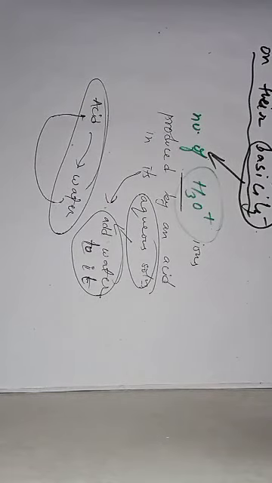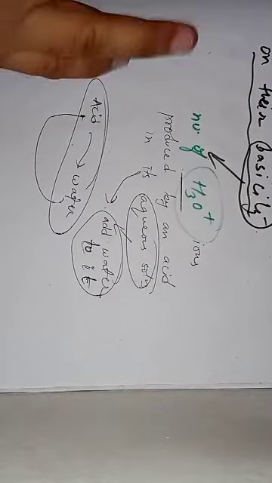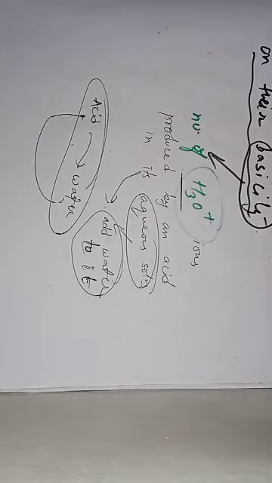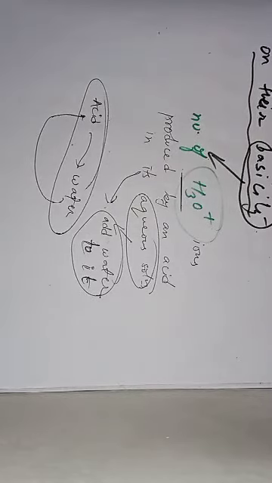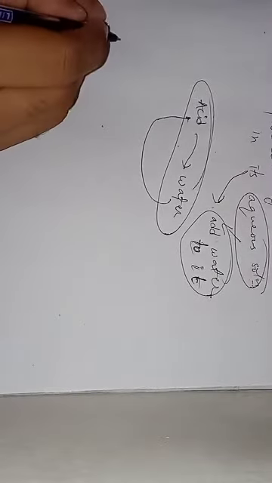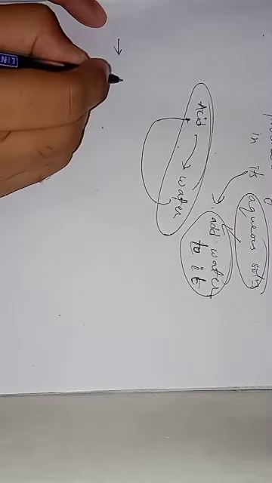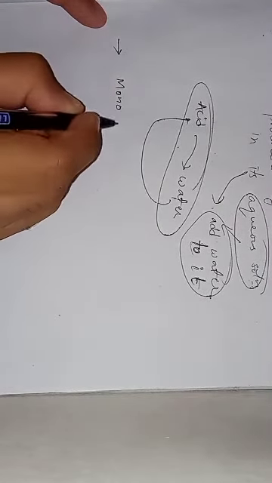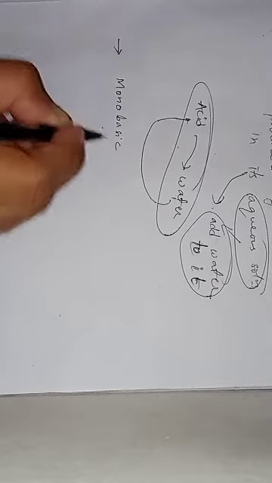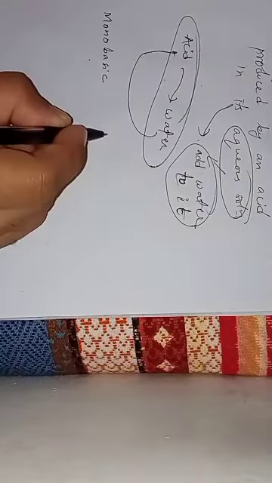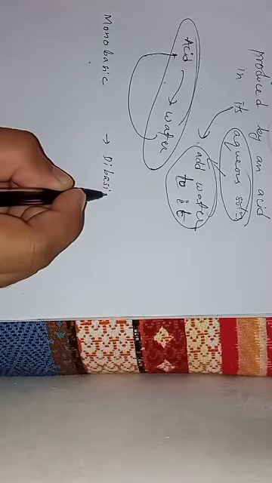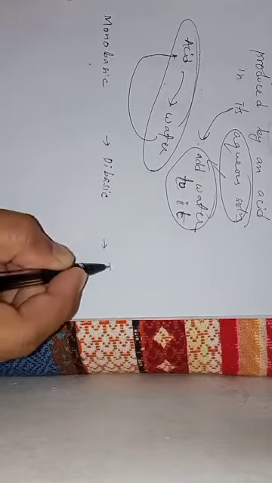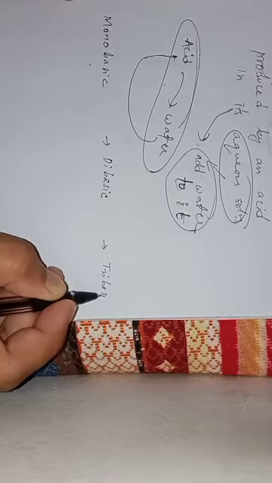So you understood what is basicity. Depending upon the basicity, acids can be classified into basically three types. Number one is monobasic acid, number two is dibasic, and the third one is tribasic.